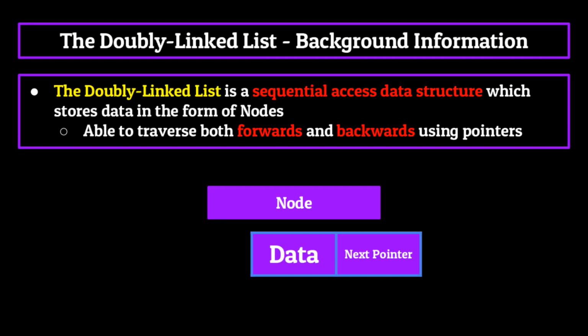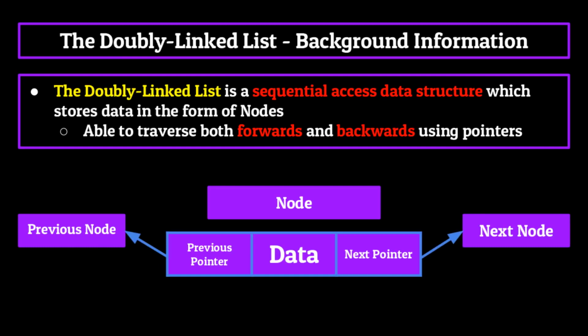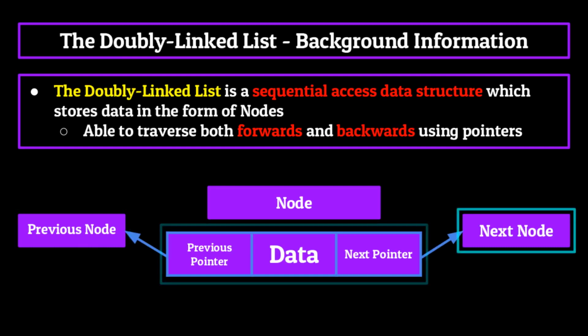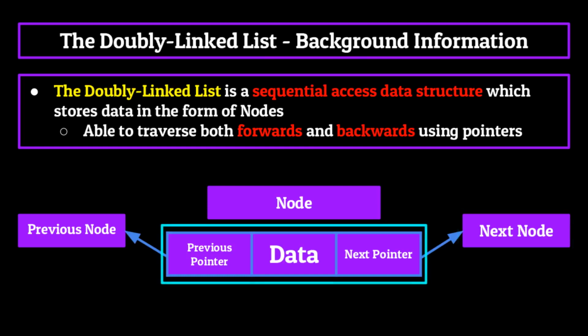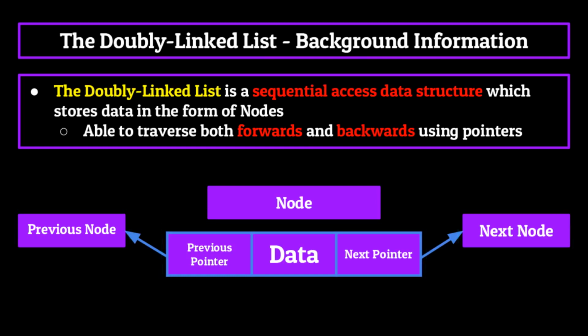A doubly linked list simply builds upon this by also having a pointer which points to the previous node's location in memory. It's an undo button of sorts, which allows you to fluidly go through the linked list in either direction, instead of just limiting yourself to going one direction. This is great since it allows us to jump around the linked list and have a lot more flexibility when it comes to modifying information.